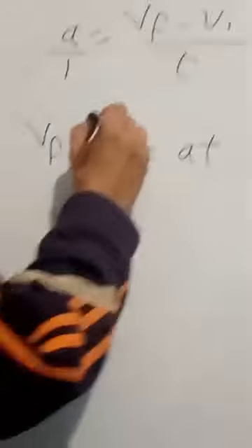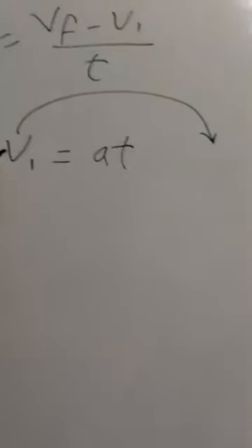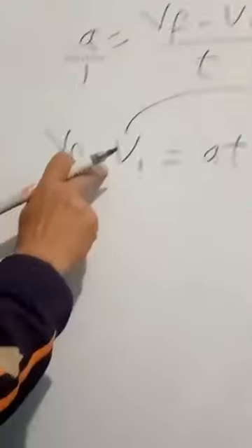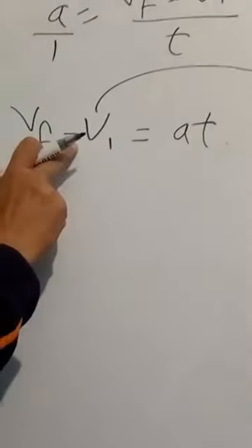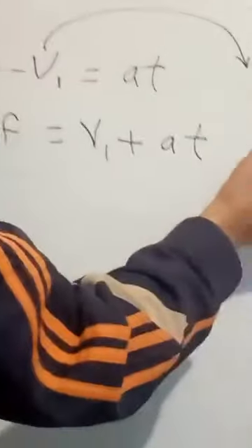We transfer Vi to the other side with the opposite sign. This sign is negative, so we transfer it with a positive sign: Vf equals Vi plus at. This is the first equation of motion.